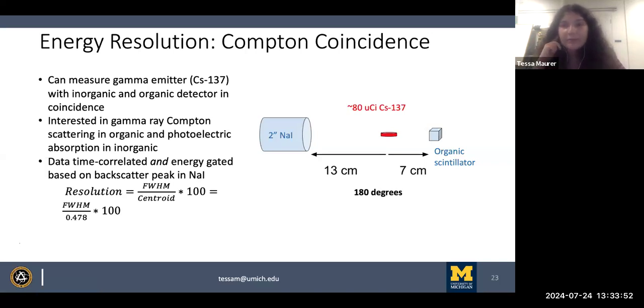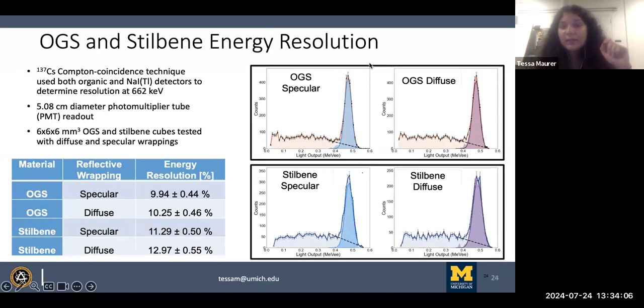I mean, it's not really, but it's more of an actual peak that you could fit with a Gaussian, and you could find the narrowness of that peak or the full width at half max and use that to determine your energy resolution. So what I mean is you would get plots like you see on these slides. This is after time gating and energy gating based off of this coincident experiment.